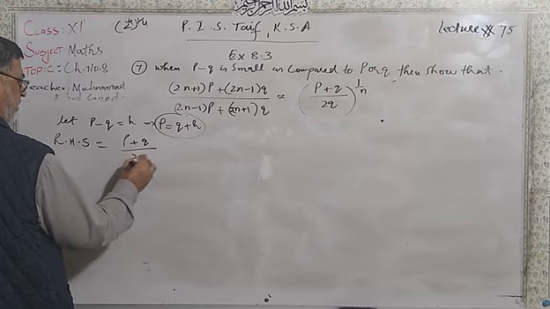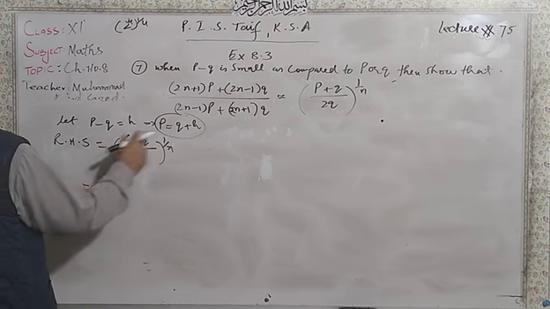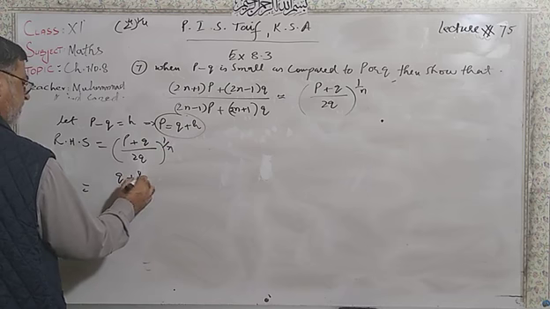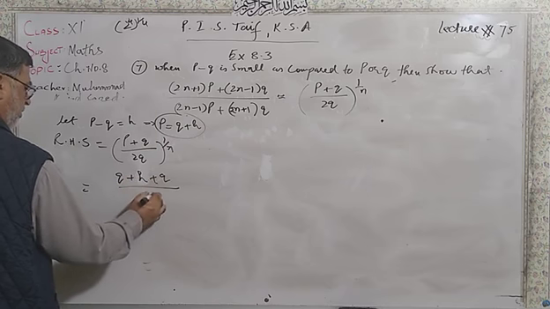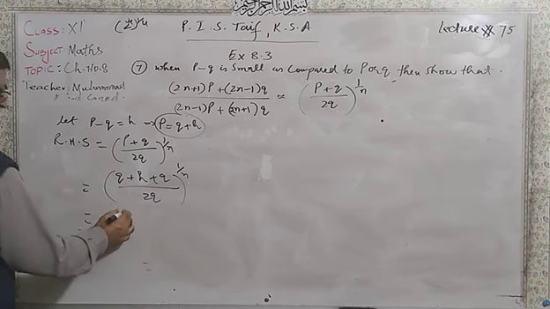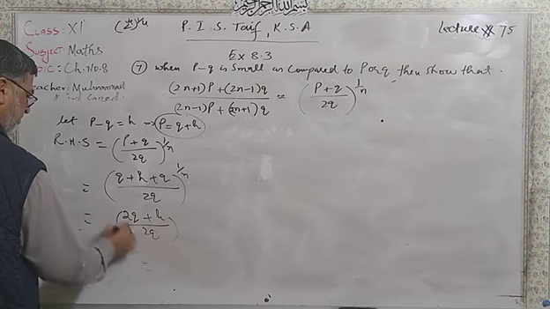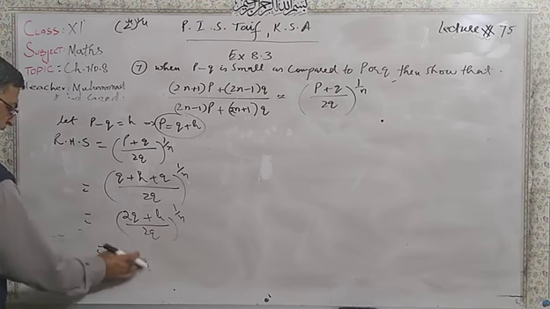(P plus Q over 2Q) whole power 1 over n. Value of P is Q plus H, so (2Q plus H over 2Q) power 1 over n.